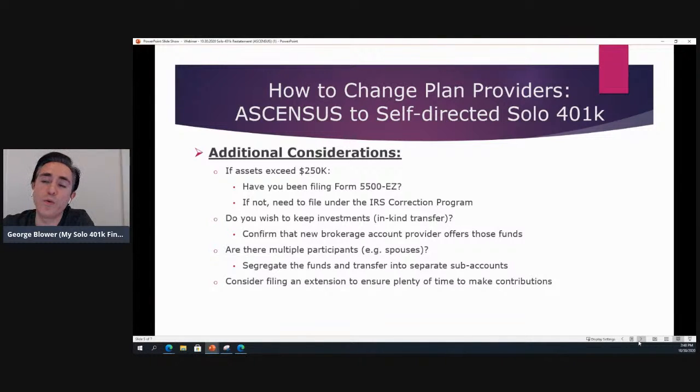So a 5500 EZ applies to a situation where you have an owner-only business, which is the same situation which allows for somebody to have a solo 401k. So that is always the form that would be required. There's really no reason to file a long form 5500. Hopefully that helps.